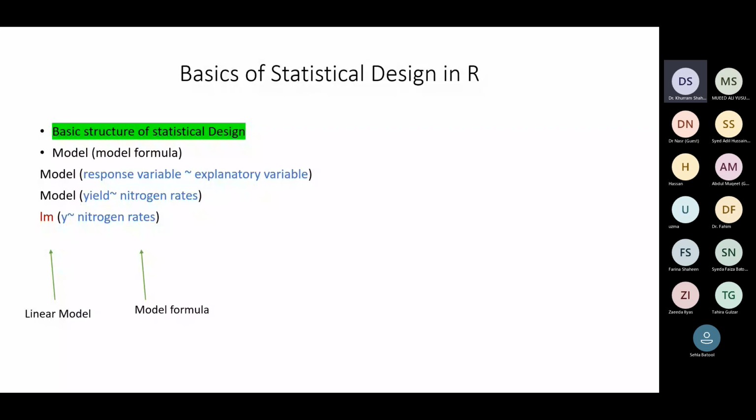If you know that, you can do statistical analysis in R. First you define the model you are using, then the model formula: response variables and then explanatory variables. You must understand how R operates with the statistical design. Can anybody repeat this point?